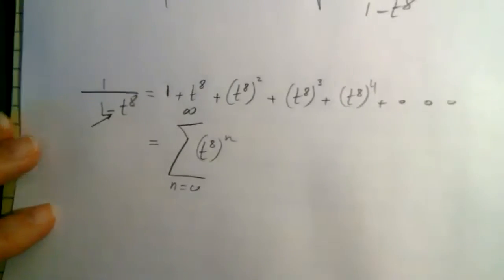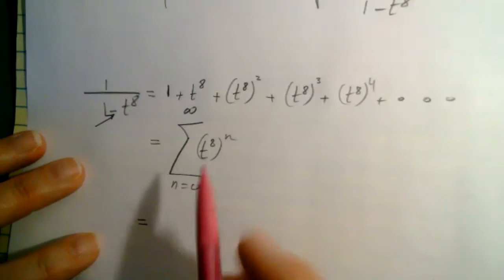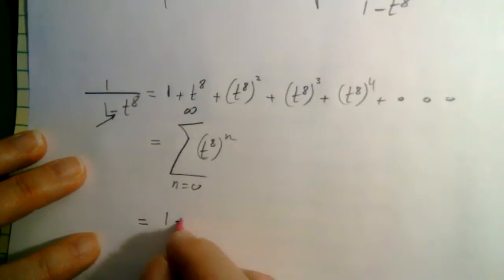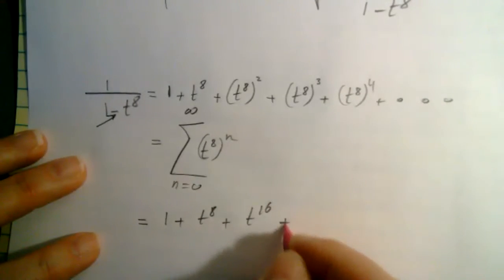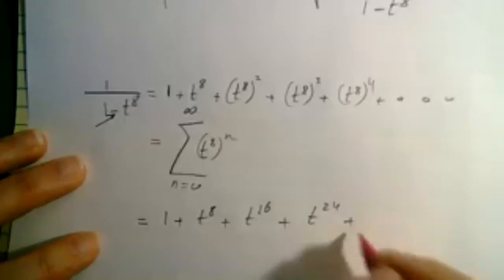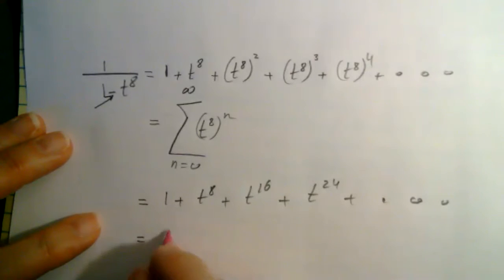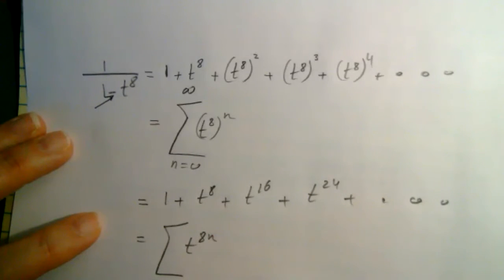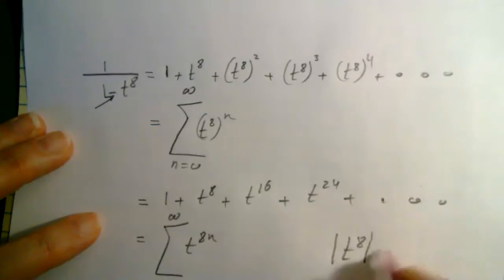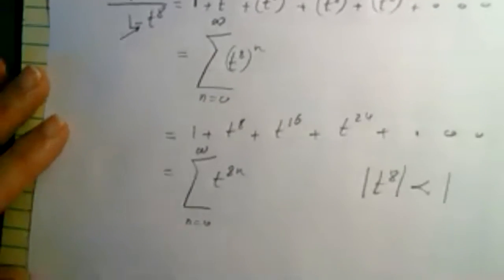Okay? So this is equal to 1 plus t^8 plus t^16 plus t^24 plus etc. And in sigma notation, t to the power 8n, n equals 0 to infinity. And this is going to hold when the term I substitute by is less than 1 in absolute value.